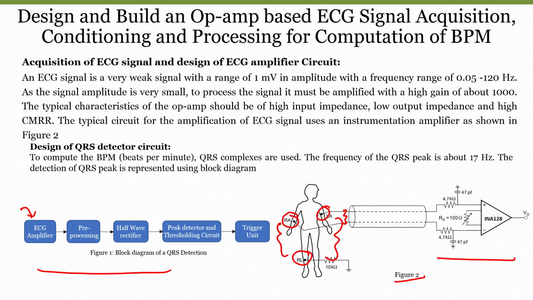So, in the ECG amplifier stage we will be using an instrumentational amplifier because of these advantages. Of course, even though an instrumentational amplifier uses a differential amplifier inside, we cannot go with a differential amplifier alone because it has very low CMRR, and the input impedance of an instrumentational amplifier is much higher.